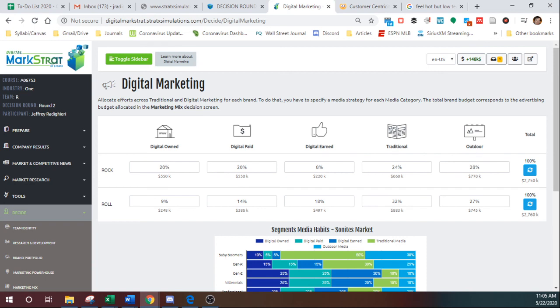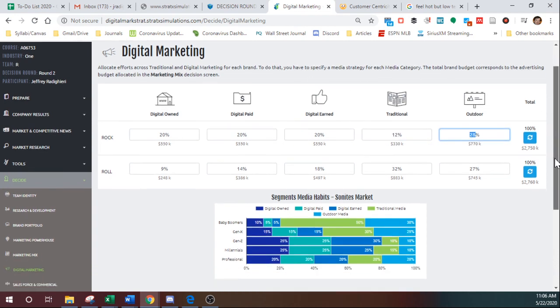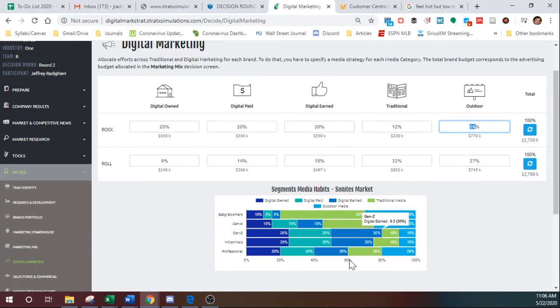You can change these percentages however you would like, and then you'll come up with something that has to add up to 100%. And again, it should be based on your particular target, where do they shop. So professionals, if they're our target for rock, we know that digital owned preference is 20%, digital paid is 20%, and actually it's 20% across the board.